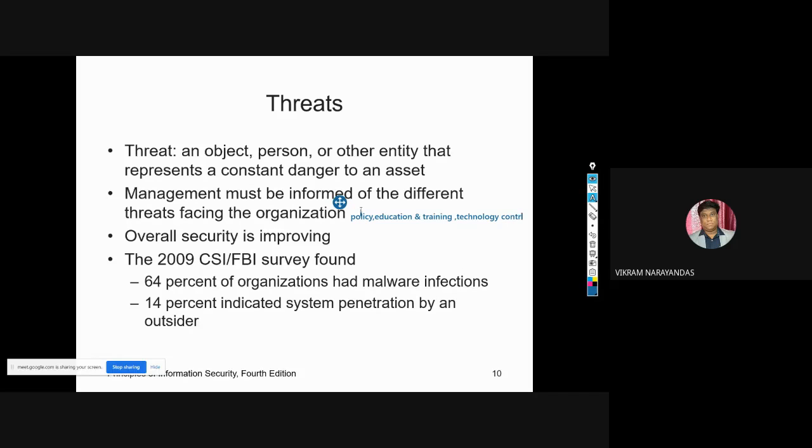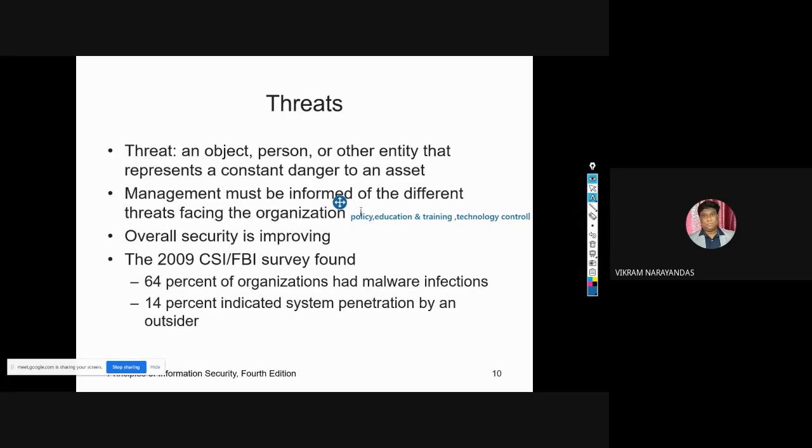So what are the controls you are maintaining for the different types of security? Maybe for physical security, I can provide locks, I can build walls. I can provide security guards for my organization, and physical security comes under that.